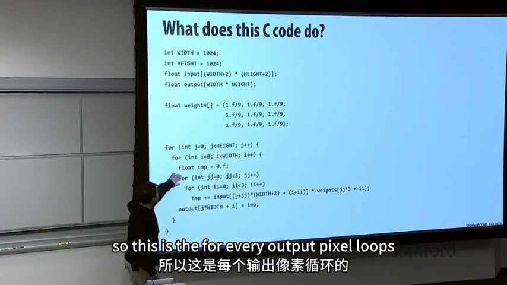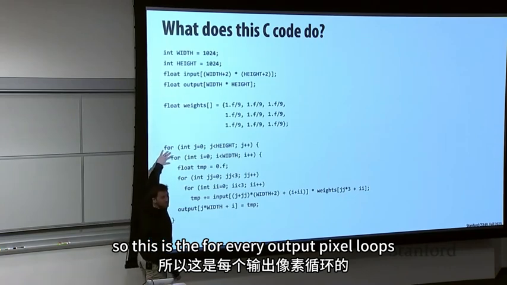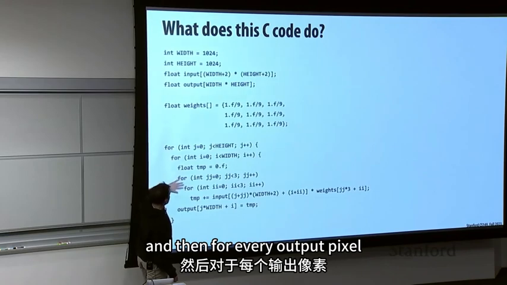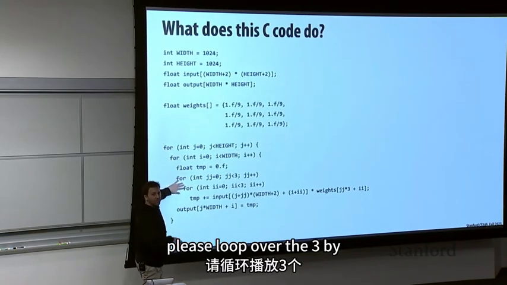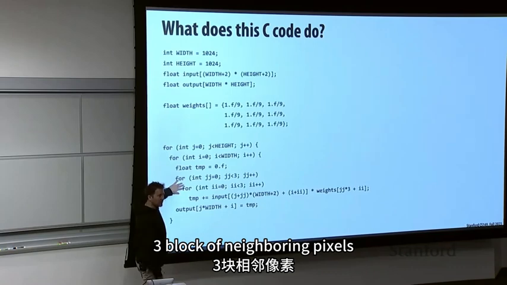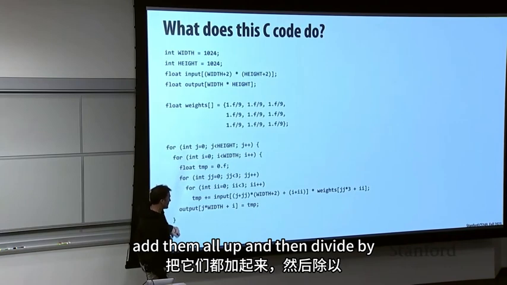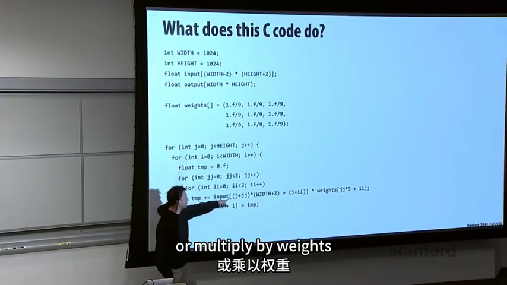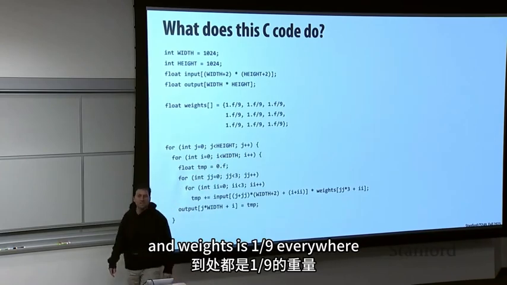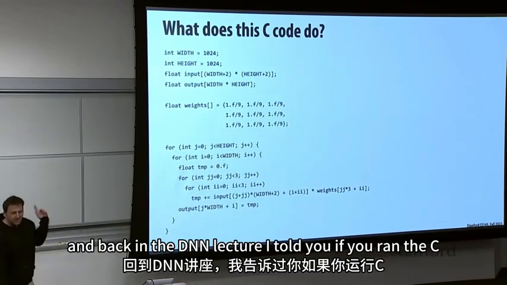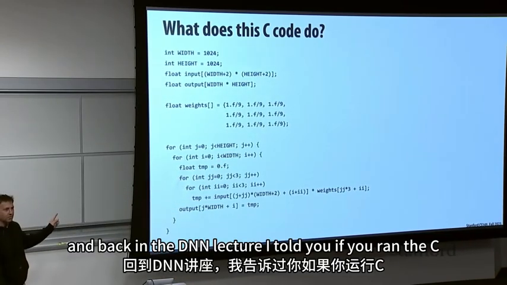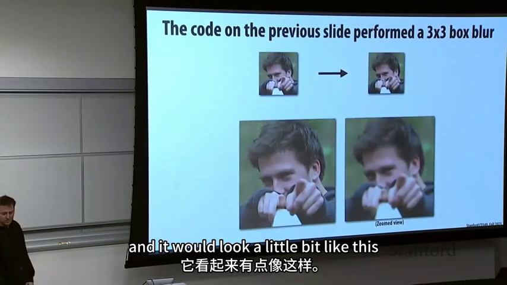So this is the for every output pixel loops, and then for every output pixel, please loop over the 3x3 block of neighboring pixels and average them together. Add them all up and then multiply by weights, and weights is 1/9 everywhere. Back in the DNN lecture, I told you if you ran this C++ code, you would blur an image and it would look a little bit like this.